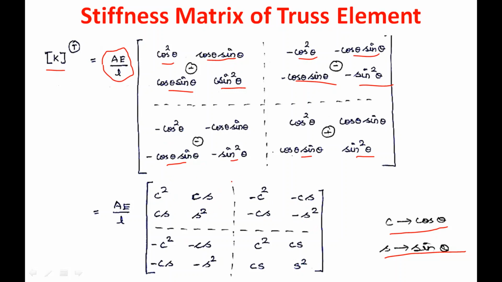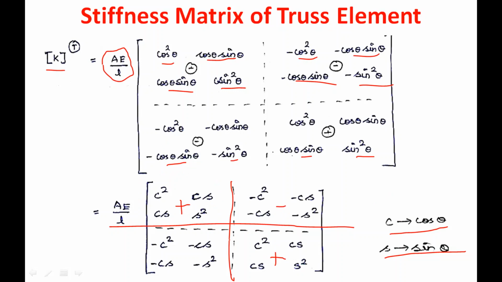Then for easy remembrance, we can divide this 4 by 4 matrix into 4 2 by 2 matrices like this. Then we can easily understand: the first part we have all positive terms, and this part also we have positive terms.